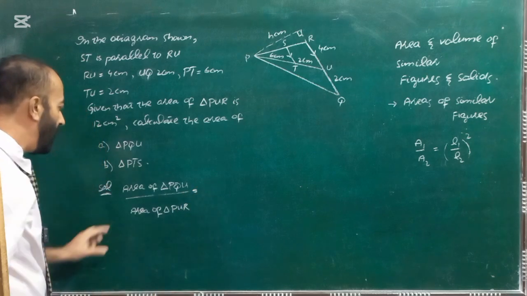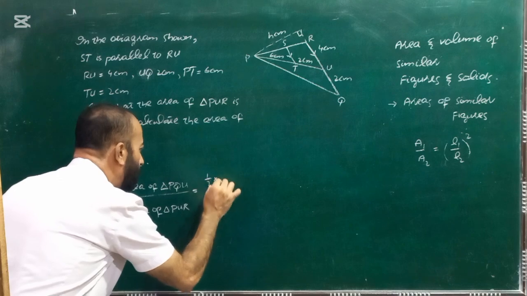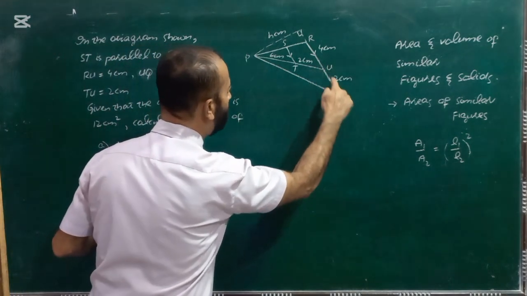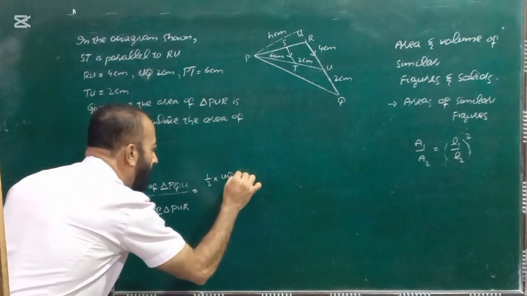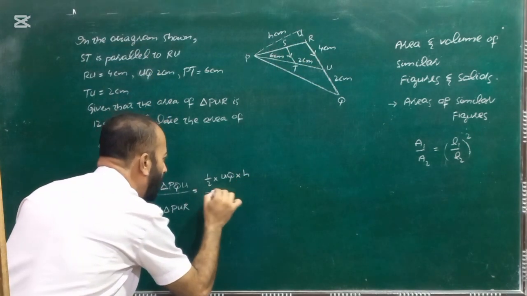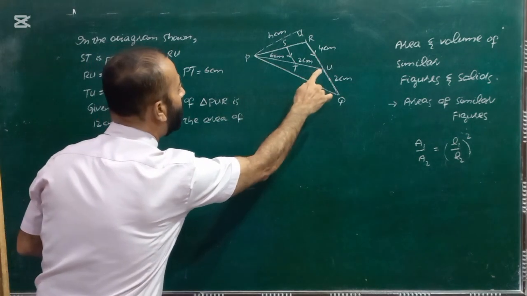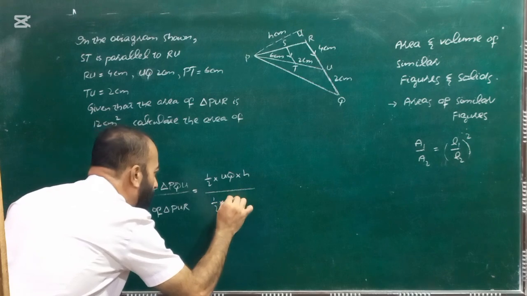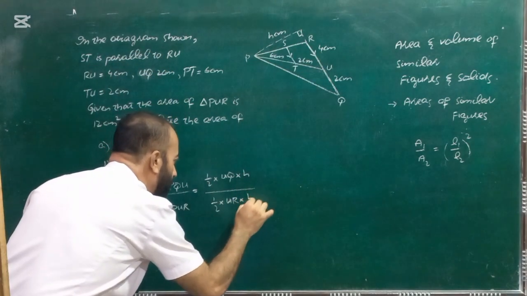As we know, the area of a triangle is 1/2 times base times height. So 1/2 times the base UQ times the height, divided by, in triangle PUR, the base UR, so 1/2 times UR times the height.